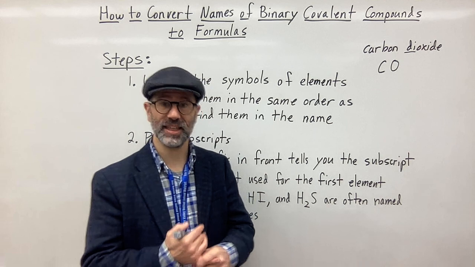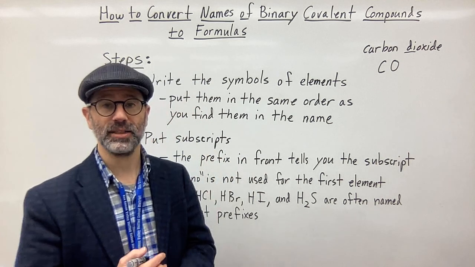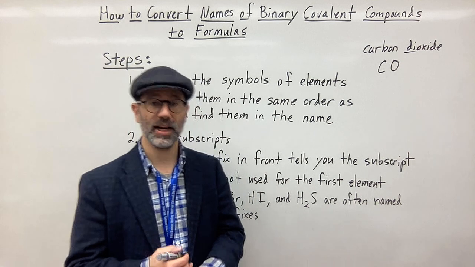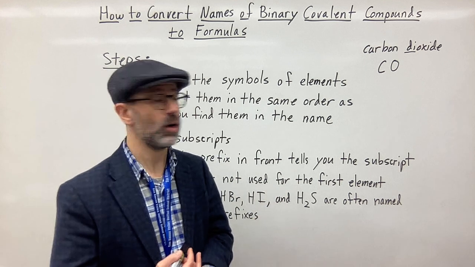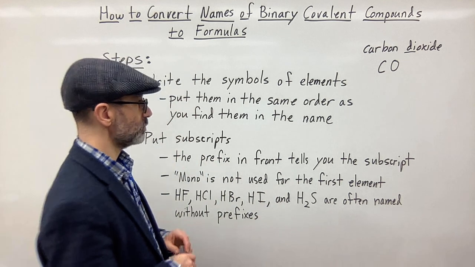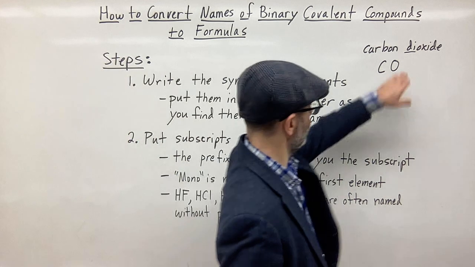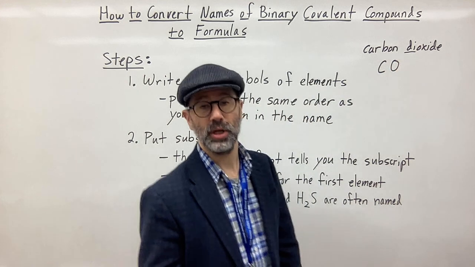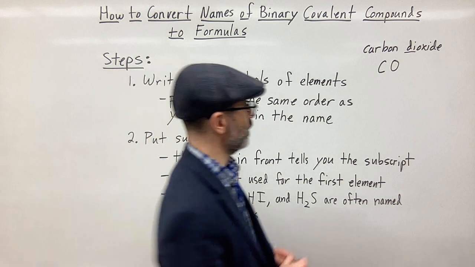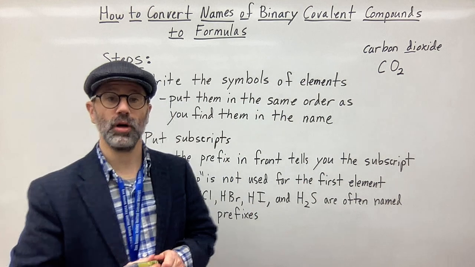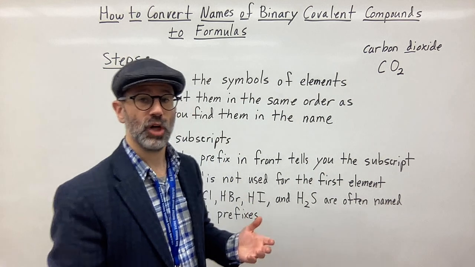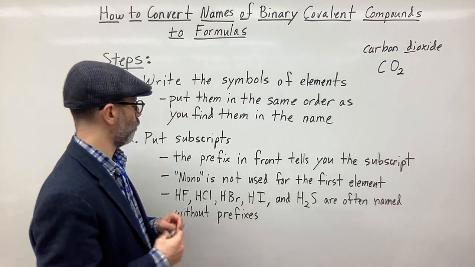So hexa is 6, hepta is 7, octa, nona, and deca up to 10. You could do other ones, but we'll go up to 10. So we have di here. Di, you should know, means 2. So that means we have a 2 subscript for the oxygen. So there's the formula for carbon dioxide. So we went from the name to the formula.